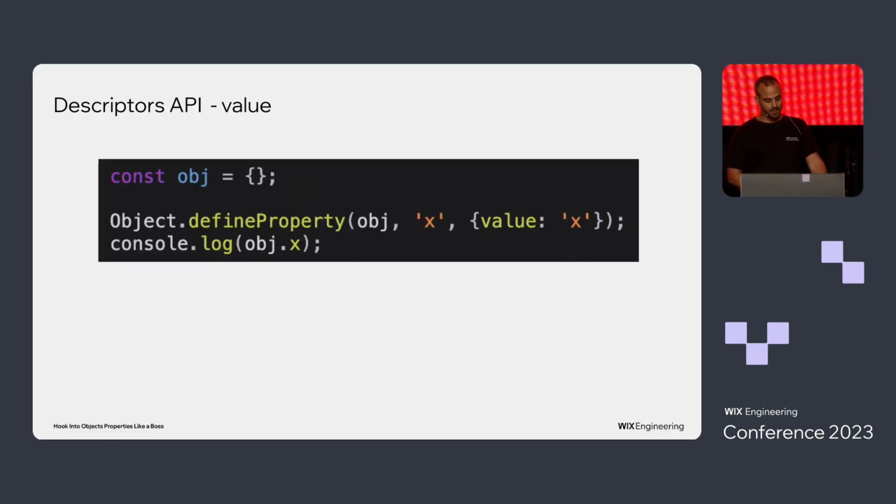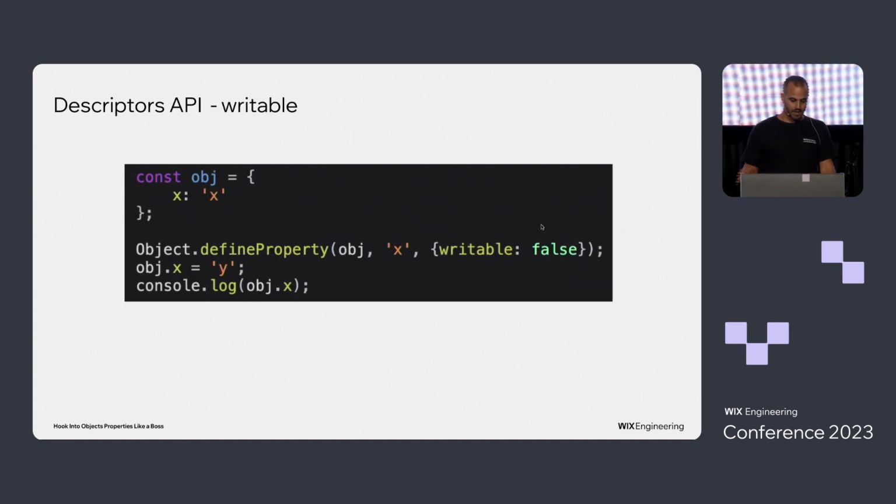So some examples. For instance, if I have an object, I can use defineProperty with a value for x, and when I try to get the value, I will get the definition here. About writable, if I set writable to false and try to rewrite object.x, I will get the original value. So I actually block the property from being overridden.